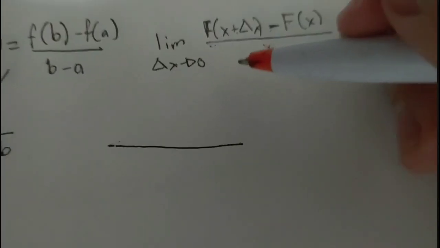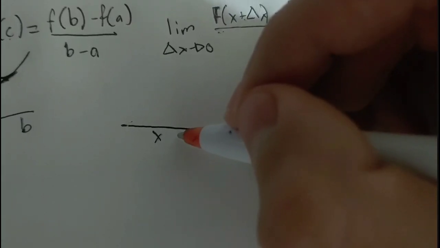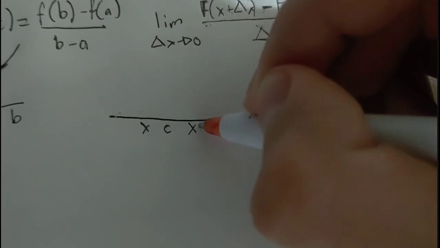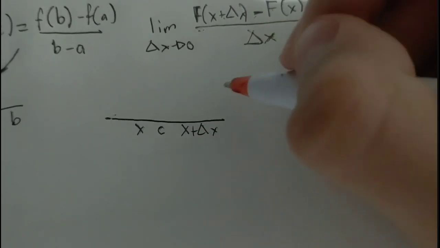But now let's draw this line. Let's say you have here x, you have a middle point c, and here you have x plus delta x.